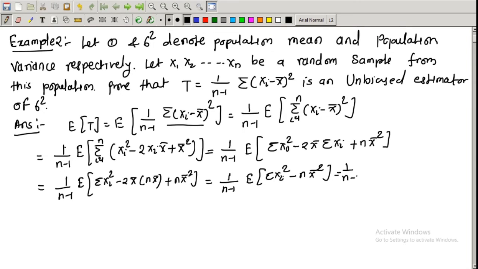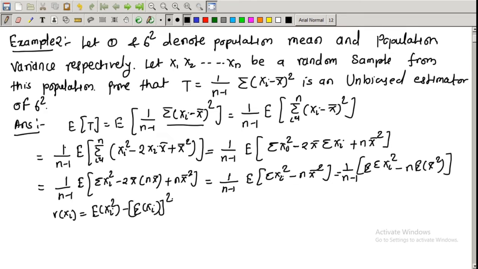1 upon n minus 1 expectation of summation of xi square minus n into expectation of x bar square, which is equal to, so you know variance of xi has the formula expectation of xi square minus expectation of xi whole bracket square.